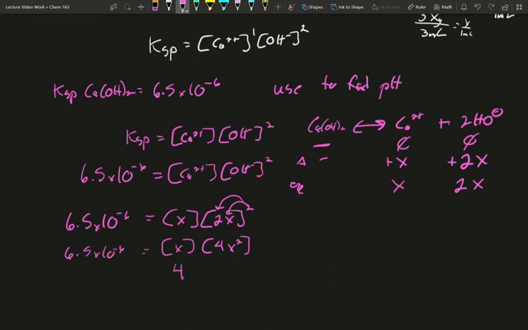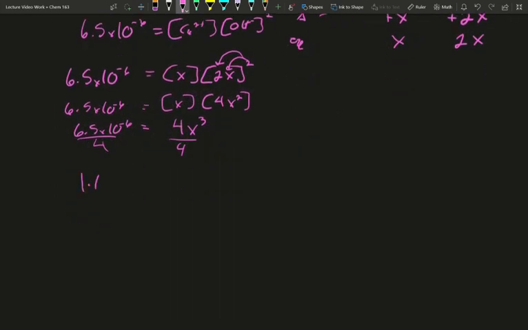Times those together, 4X to the third must equal 6.5 times 10 to the minus 6. I can divide by 4 on both sides. I will get 1.625 times 10 to the minus 6 equals X to the third. Take the third root of both sides, and my X must equal 0.011757. A few extra sig figs here, but basically 0.012.